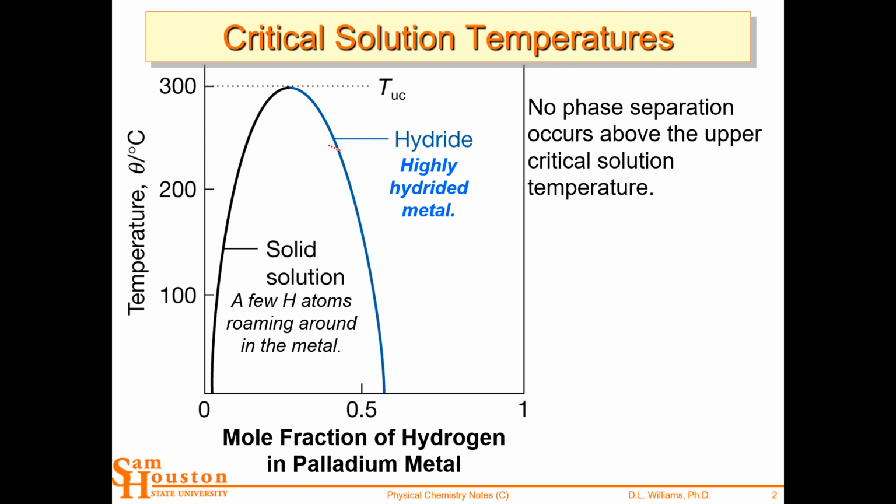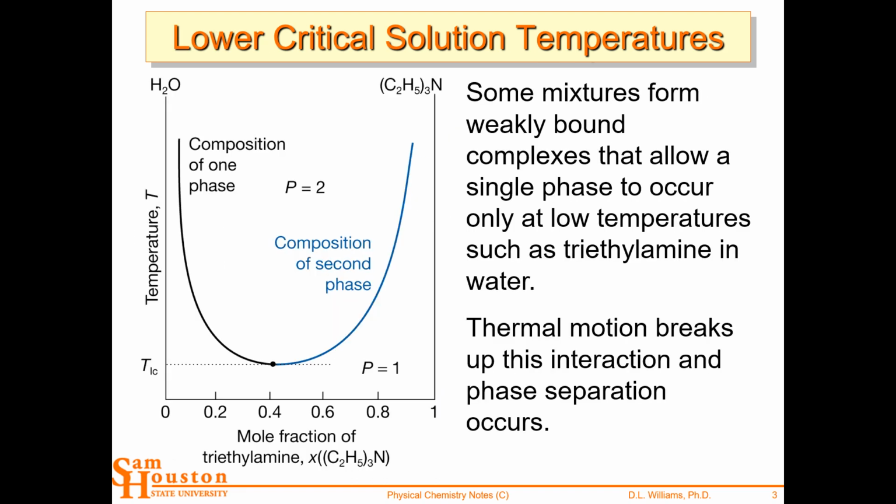Now this highly hydrided metal may have different properties. It may break easier, may be brittle. And so this phase diagram is just an example that the mechanical properties of metal can change in the presence of hydrogen. And so hydrogen and metal sometimes can cause mechanical problems.